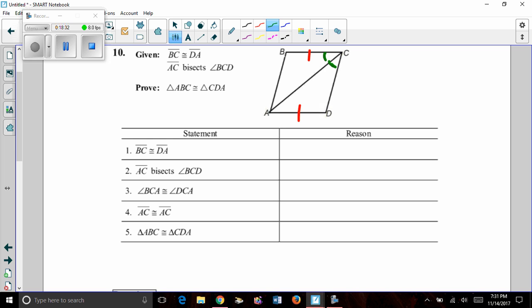And we've got a really awesome piece here. We have this reflexive property pop up right here. This line is in fact congruent with itself. So if I start filling in some pieces, we have given, we have given. This part with the angle where we had it split apart is definition of angle bisector.